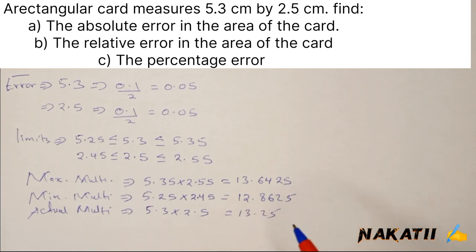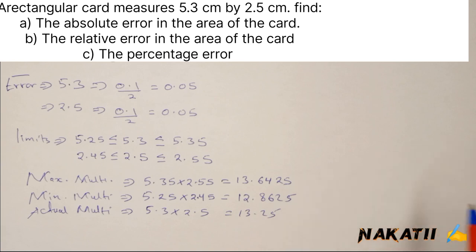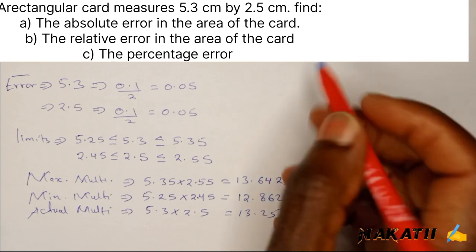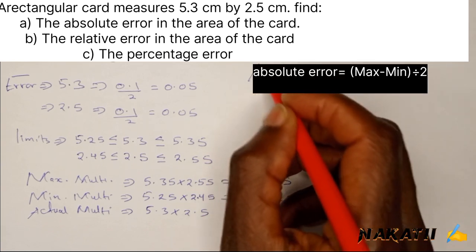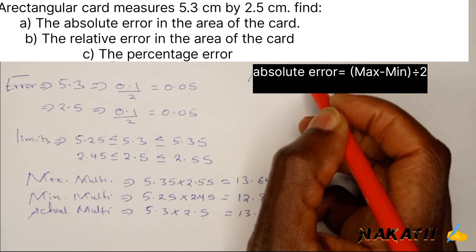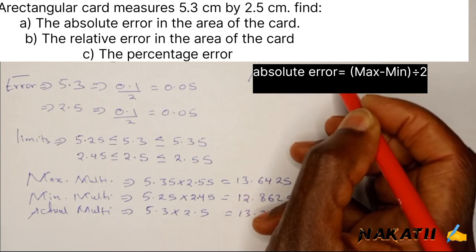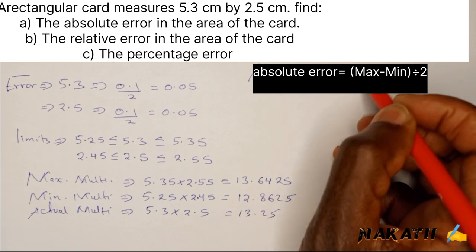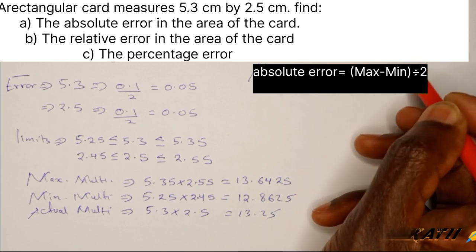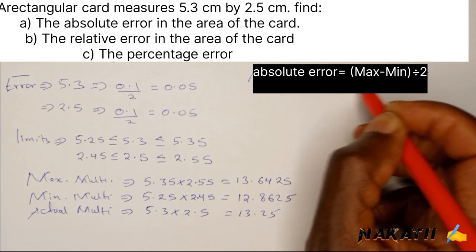To get the absolute error in the area of this card, we say the absolute error will be the maximum area minus the minimum area, divided by 2.